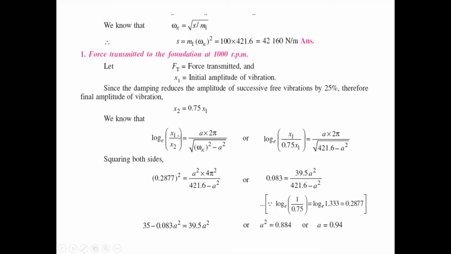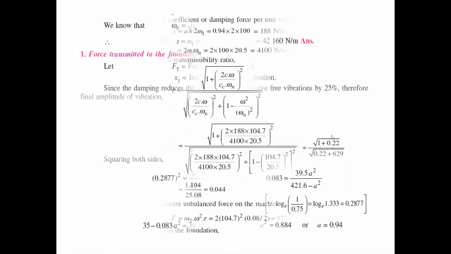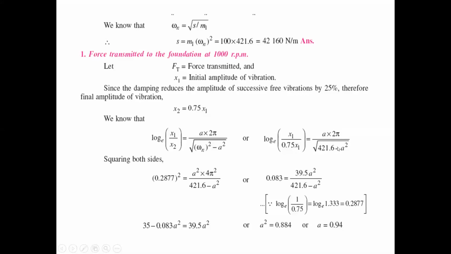Now substituting x1 by x2: log of x1 by 0.75 x1 equals a into 2 pi by square root of omega n square, that is 421.6 minus a square. The unknown here is a.